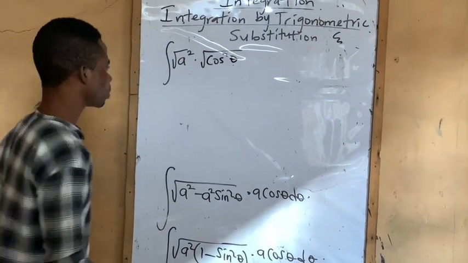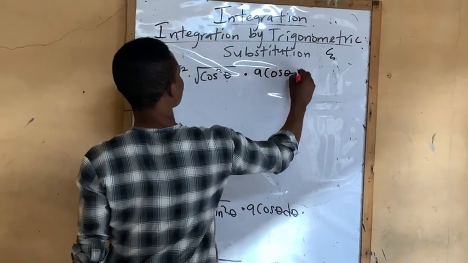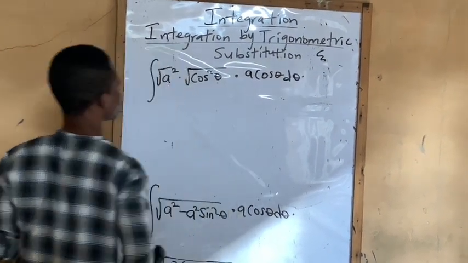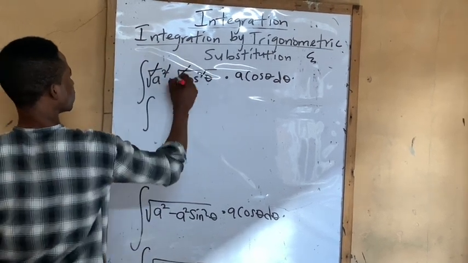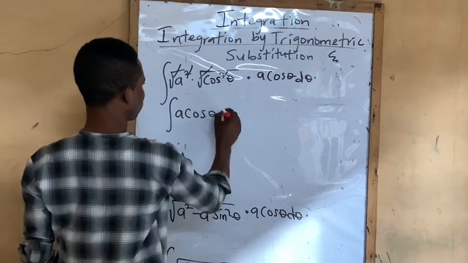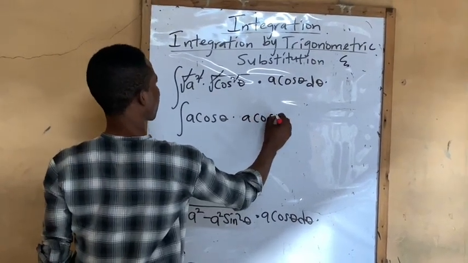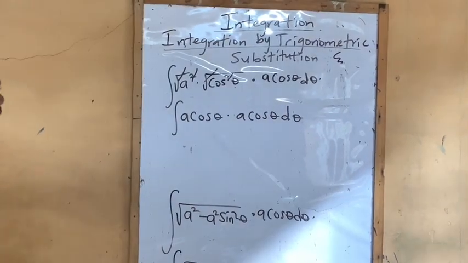Cos square theta multiplied by a cos theta d theta. So this cancels this, and this cancels this. Now you have a cos theta multiplied by a cos theta d theta. Now after this, what do you do?